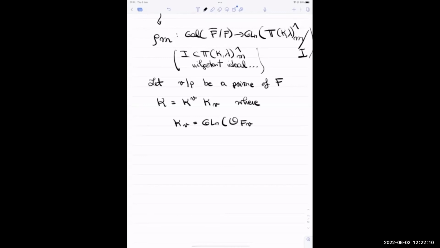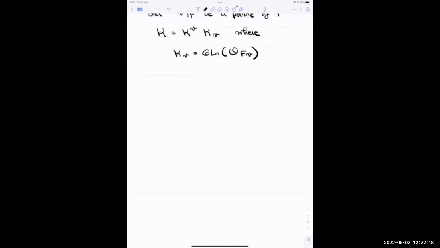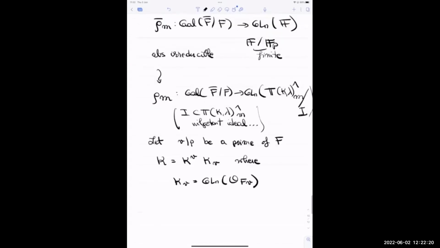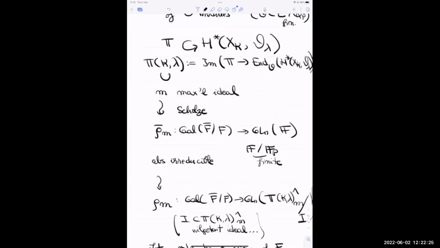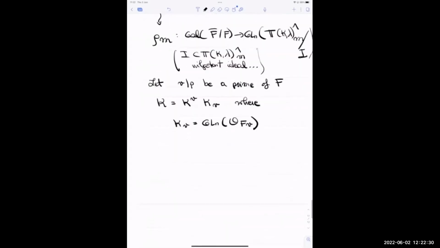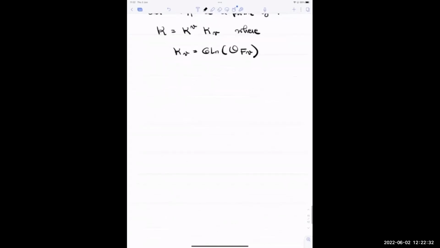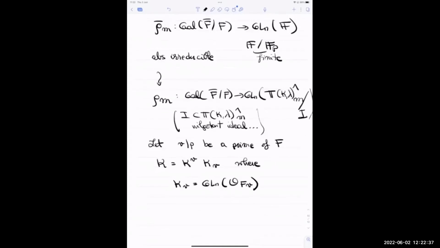So it's full level. This is the case where you're assuming that your system of Hecke eigenvalues contributes to the cohomology of a locally symmetric space where the level at v is GL_n(O_{F_v}). And in this setting, you would expect that your associated Galois representation, rho_m, is crystalline. Like if you had a good notion of crystalline, at least after inverting p, for instance, you would expect it to be crystalline.